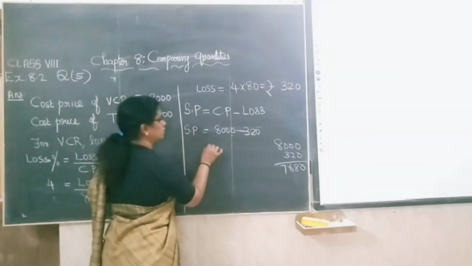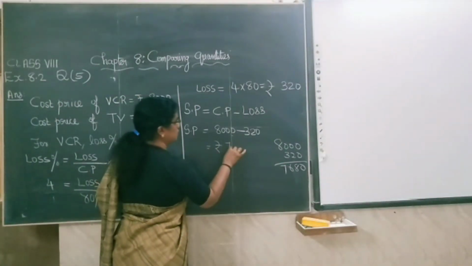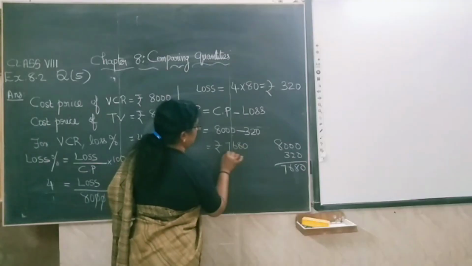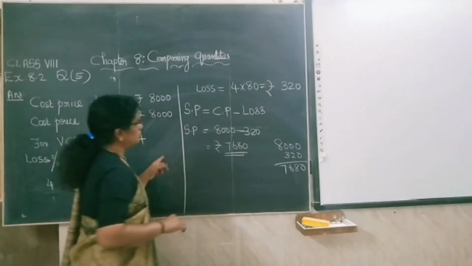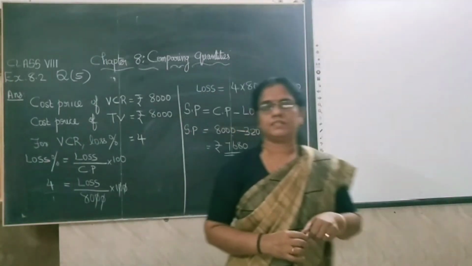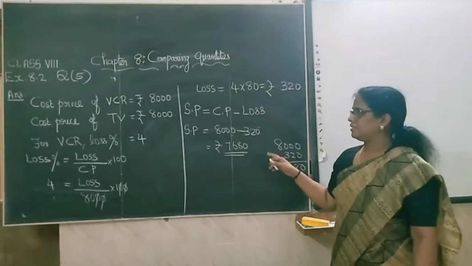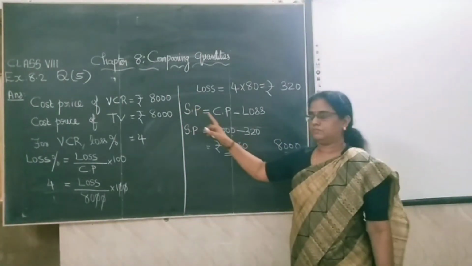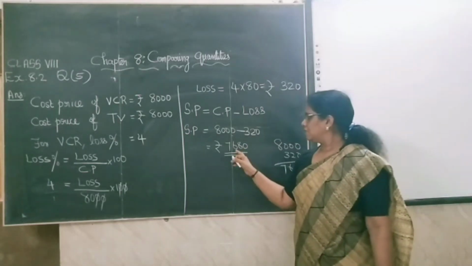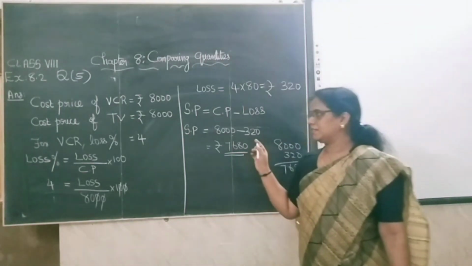That is 7,680 will be the selling price. That is 7,680 is the selling price of that VCR. This is for VCR. So we got the selling price rupees 7,680.